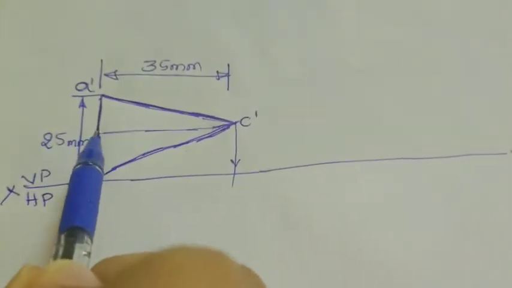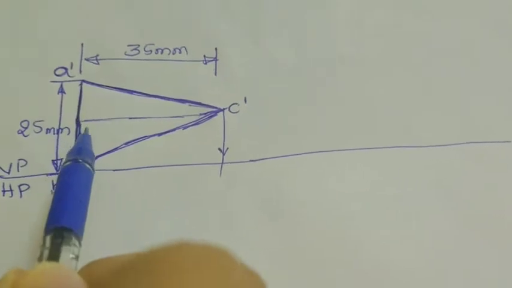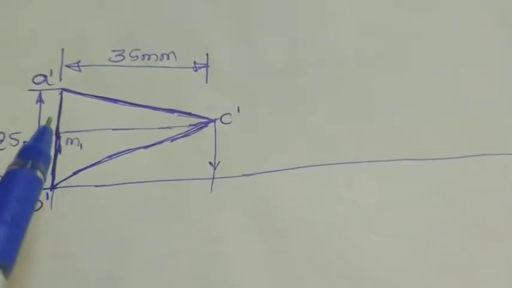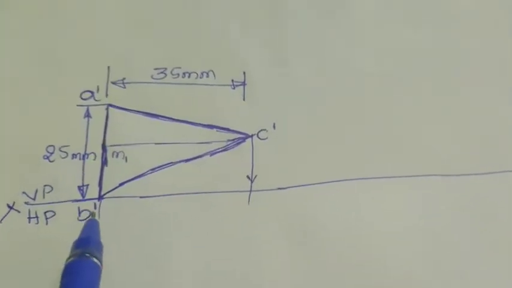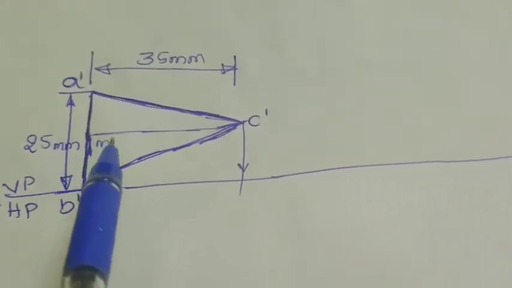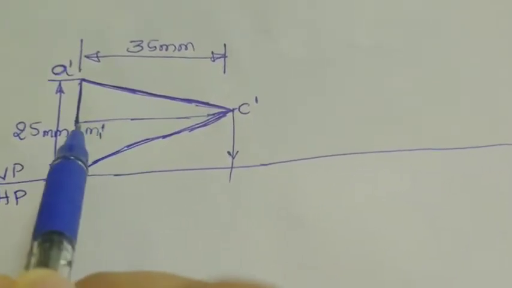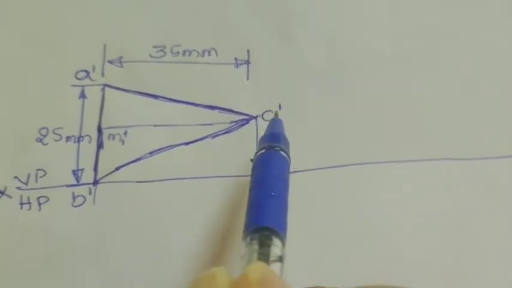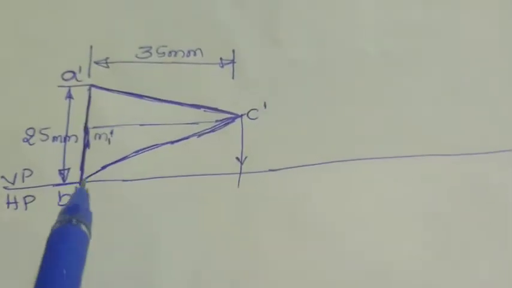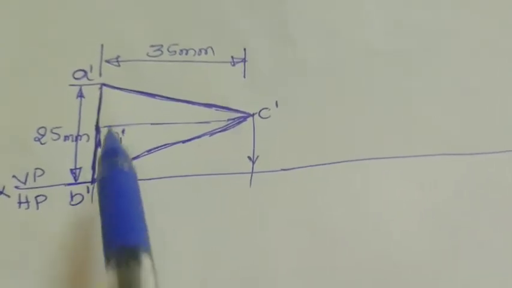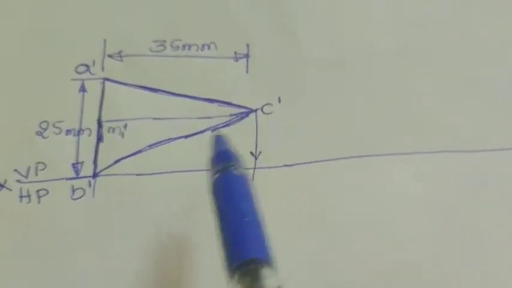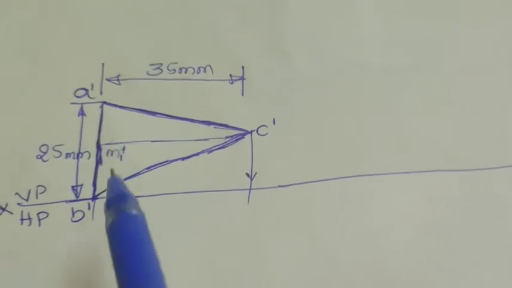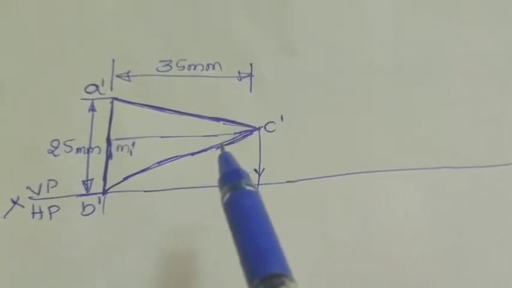This is the midpoint of this A-B line. From this midpoint we draw a line of 35 mm, where we get point C dash. Once we get the C dash point, join A dash C dash and C dash B dash. Then we get our isosceles triangle.